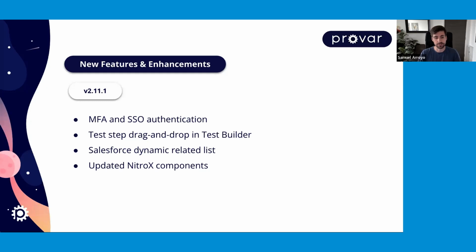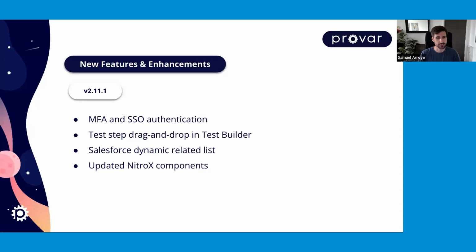We've also been updating the components for Nitrox. If you don't know about Nitrox, this is our next generation tooling for locating things on the page. It's a different technology for locating elements, especially Lightning components and custom components. It's not based on Java and page objects, but based on JSON.